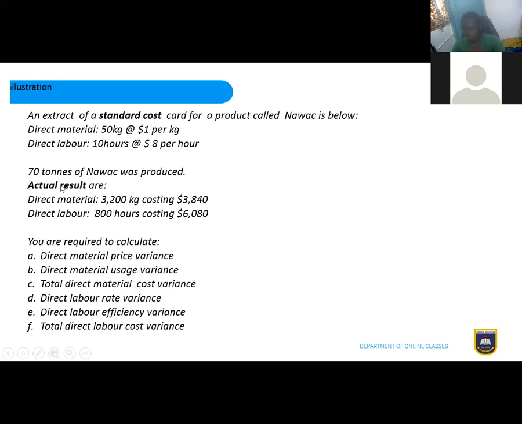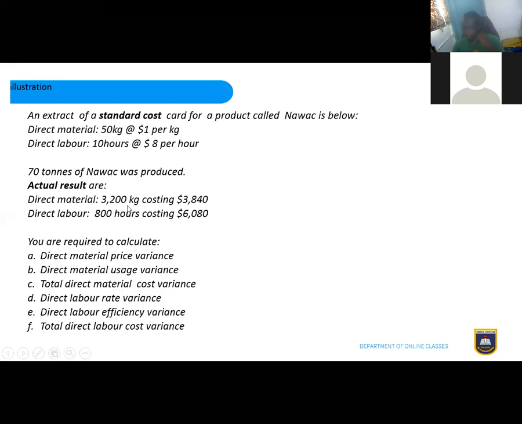So you just move to the second part of the question, where you can boldly see this written as actual result. So you come to quantity, actual quantity used. And the focus is on material, right? So you come and then you check direct material. The next thing is 3,200 kg. So the actual quantity that was used is 3,200 kilogram.